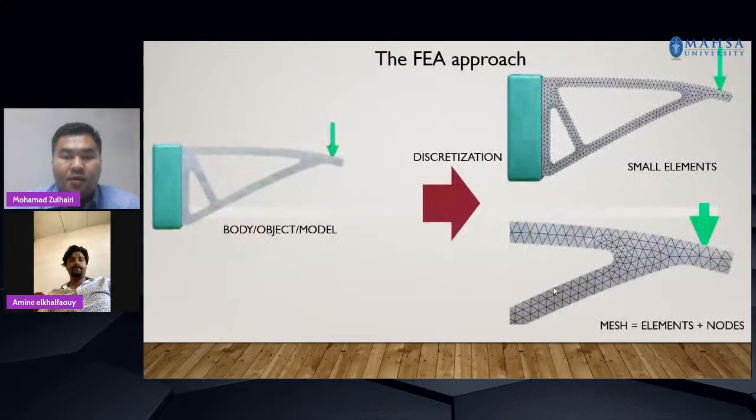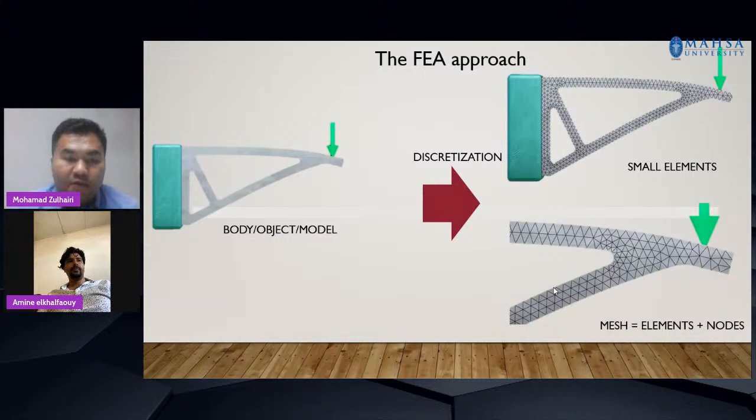So they will make the analysis incomplete, and sometimes engineers also find it very hard to solve the problems. So by applying finite element analysis software, the actual body, object, or model that we have designed will be split into small elements. These elements are connected by nodes. The nodes are like the interconnections between the elements.